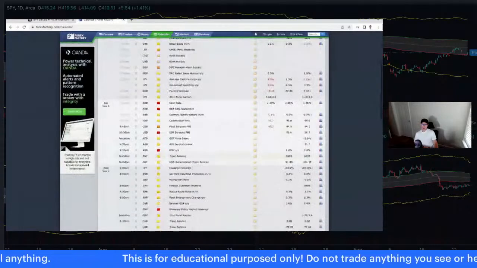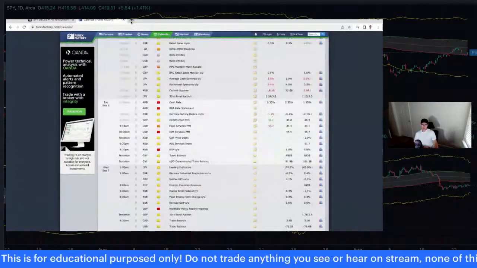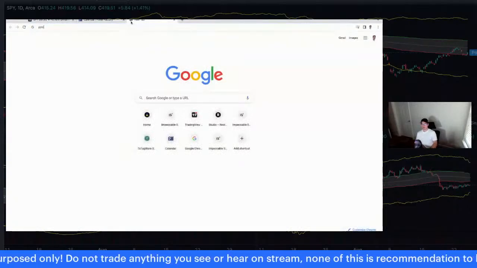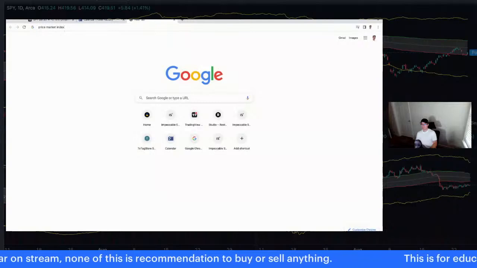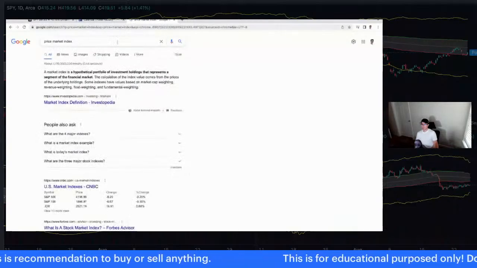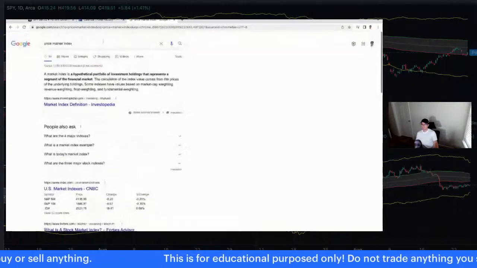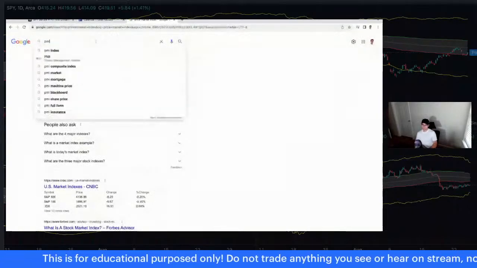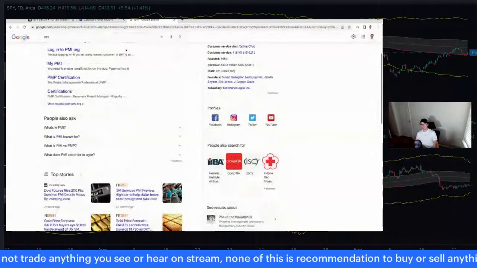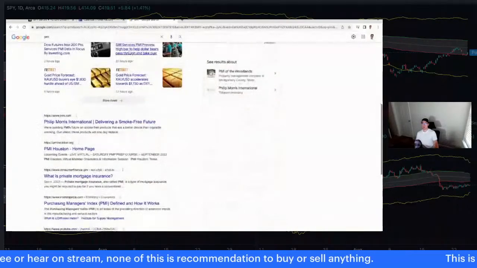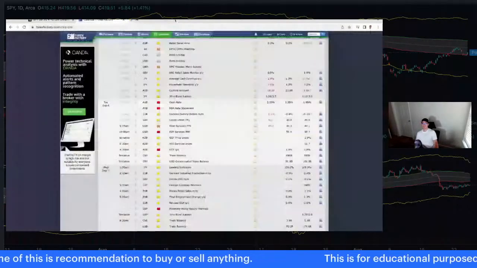Well, actually, I think it's better, isn't it? We want the index to be lower. Yeah, we want it to be lower.